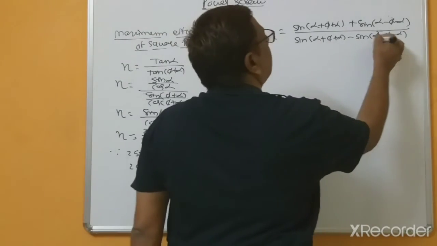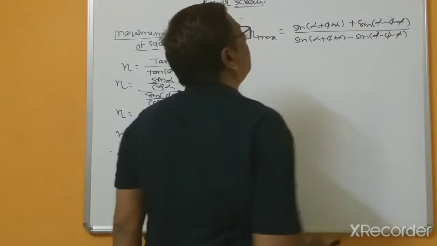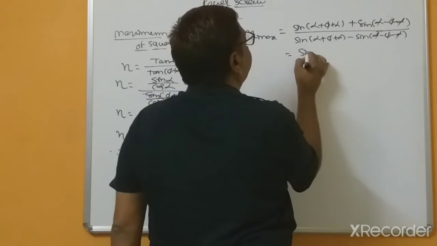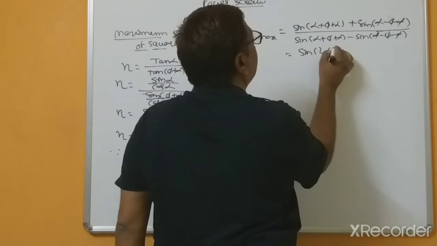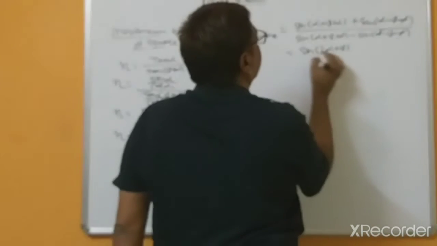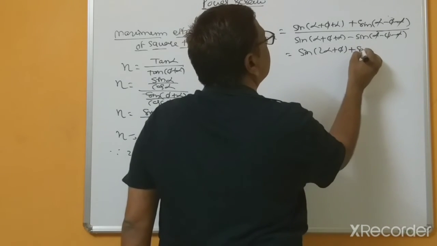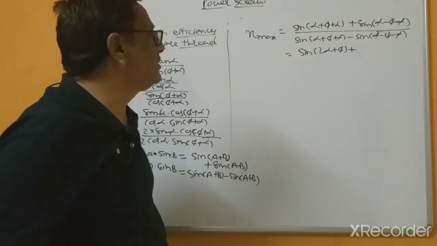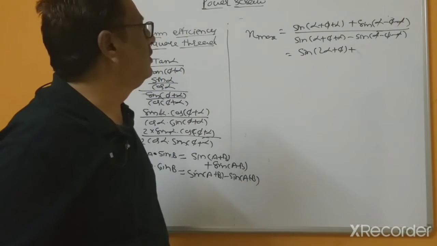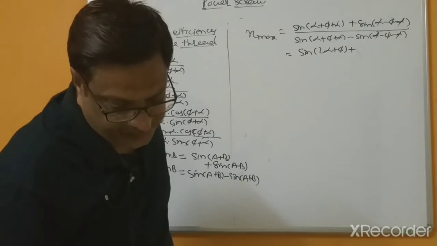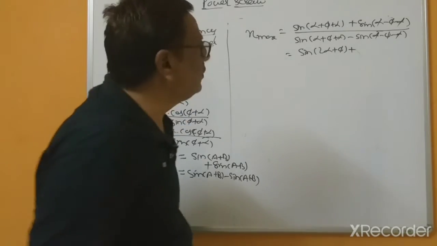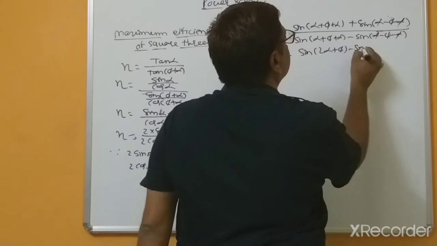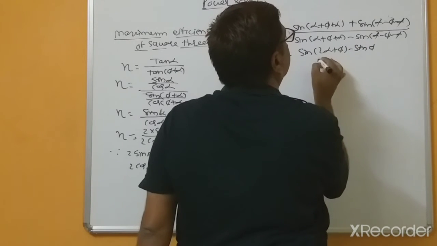So this alpha will get cancelled, and this is sin (2 alpha plus phi) plus sin phi, in the first quadrant, otherwise we are taking minus sin phi.